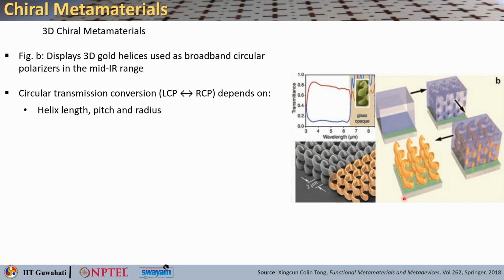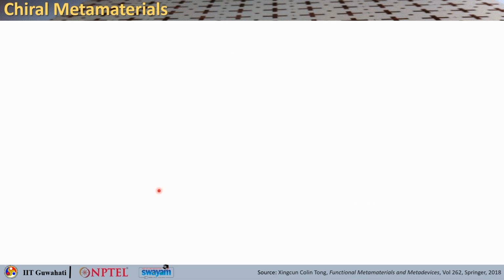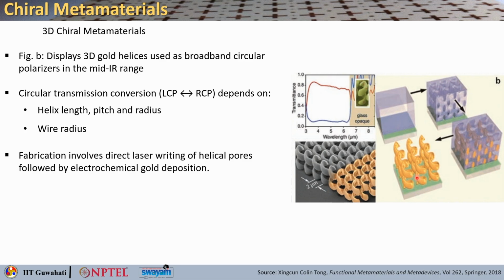That depends on the length of this helix, their pitch and the radius of this helix. Okay. Also the wire radius. Okay. All these parameters play an important role. And the fabrication process here basically involves direct laser writing of the helical pores, followed by electrochemical deposition of gold, and you can finally get this kind of 3D gold helix array, right.